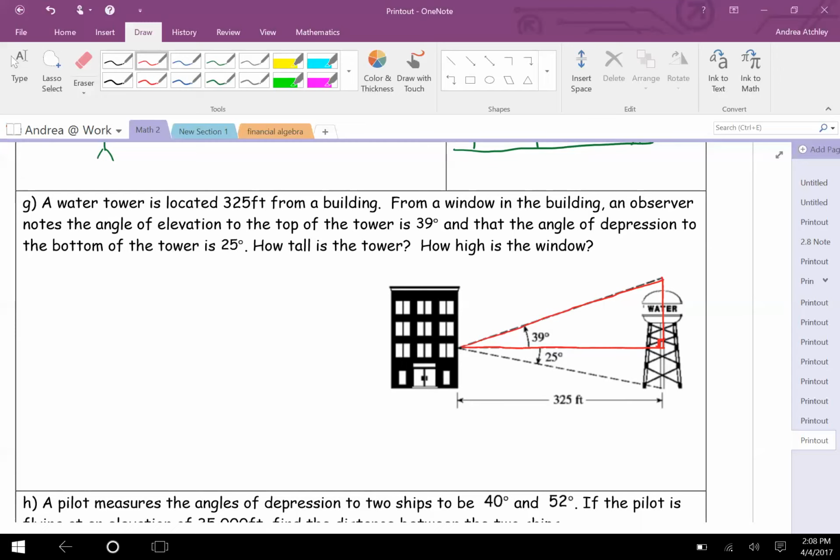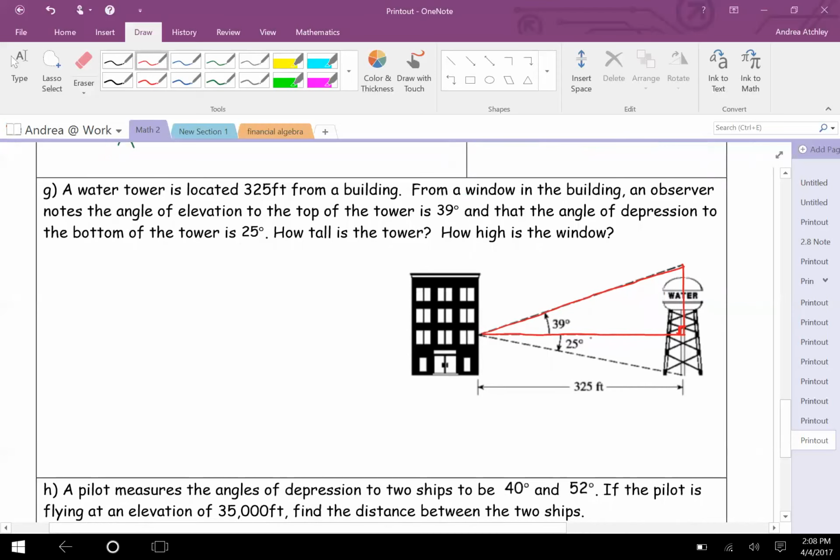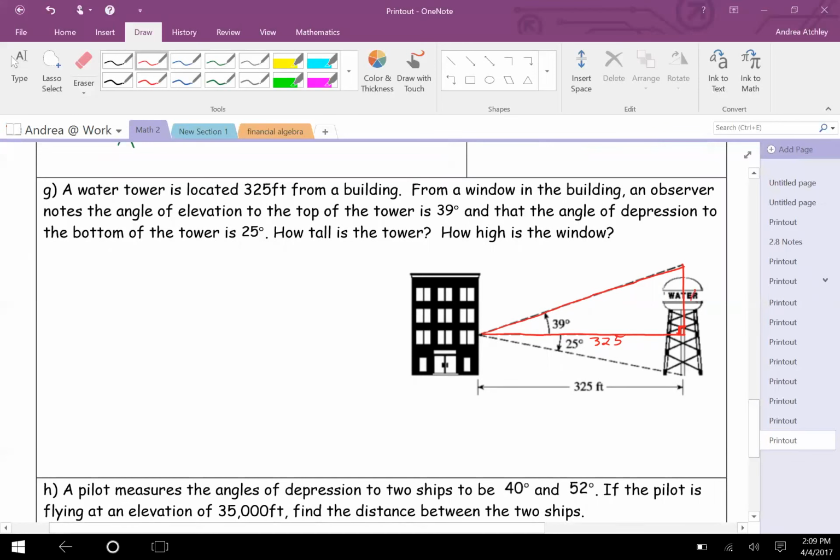So we can find part of the water tower, correct? Okay. Since this is 325 feet away, this would also be 325. The horizon would be 325. I want to know the height of the water tower, so that's this right here, my x. That's my x.